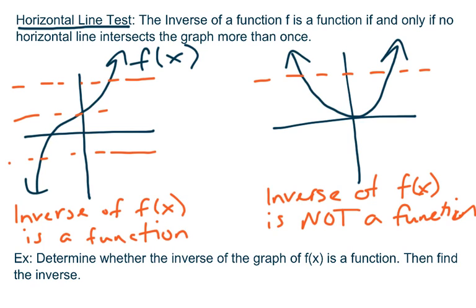If the inverse is not a function as the graph is originally drawn, then you're going to get some sort of regulation or limiting of the domain on the original function. So now this one you would see maybe like x is greater than or equal to 0, or x is less than or equal to 0, something like that, where you would then get the horizontal line test to work.